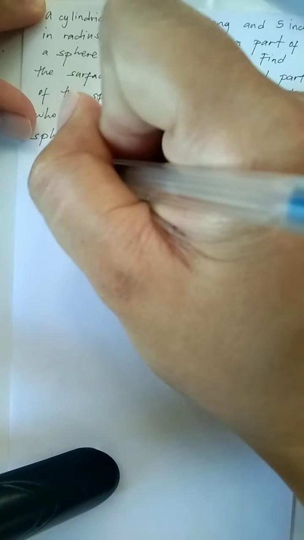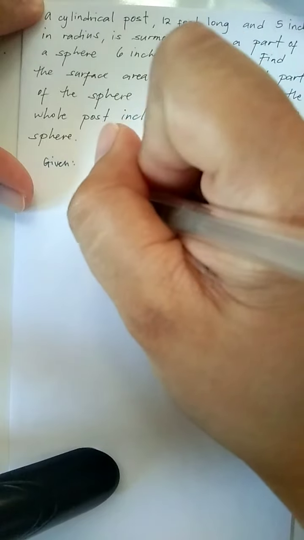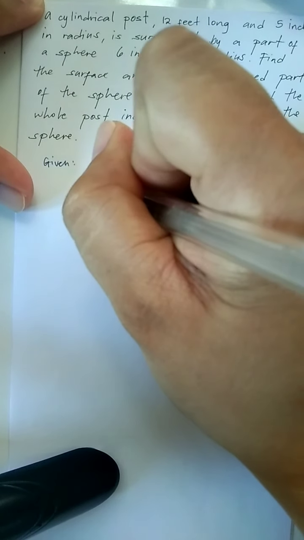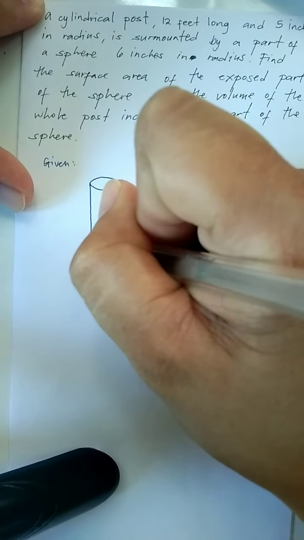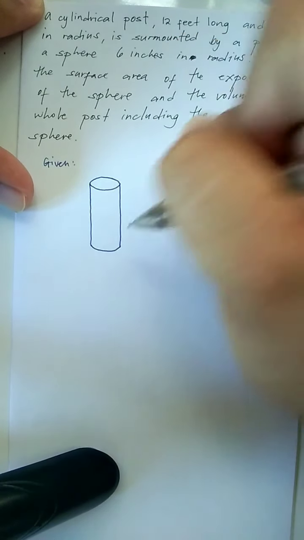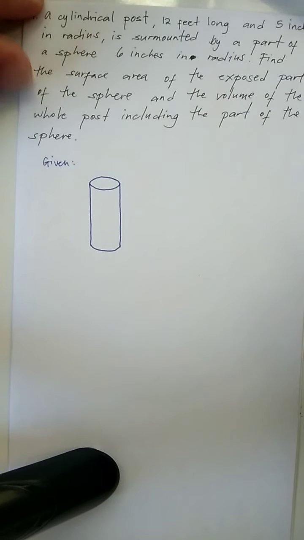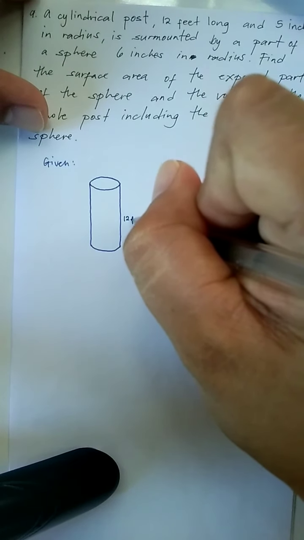Okay, so given, a cylindrical post. So let's draw a cylinder. Okay, cylinder post. The dimensions are 12 feet long, so this one is 12 feet.